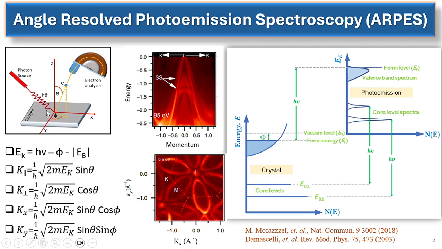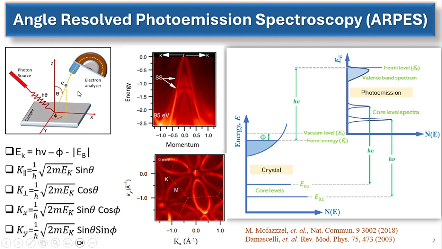So this is a sample. When we shine a sample with photons of sufficient energy, electrons are ejected from the surface of the sample at a certain angle. Those photoelectrons are captured by the hemispherical electron analyzer.